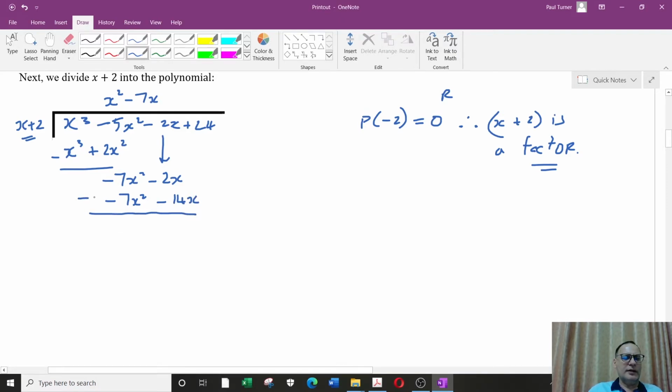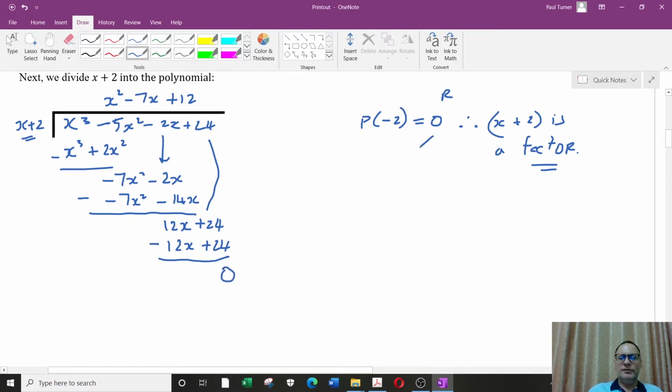Then we subtract that. Minus 2 plus 14 is going to give us 12x. Bring down the 24. So this number must be 12 then. So 12 times x, 12x, 12 times 2, 24. And when we subtract, we get 0.